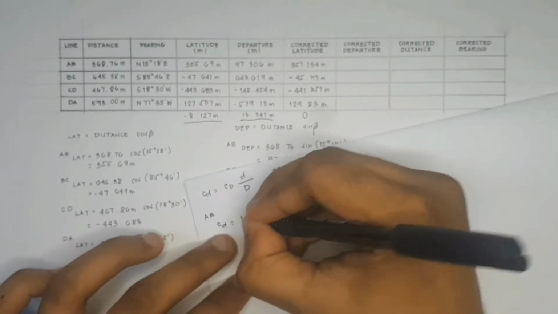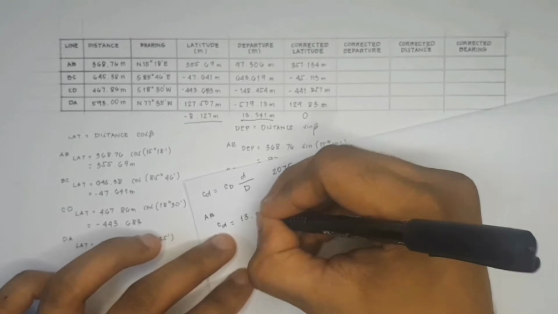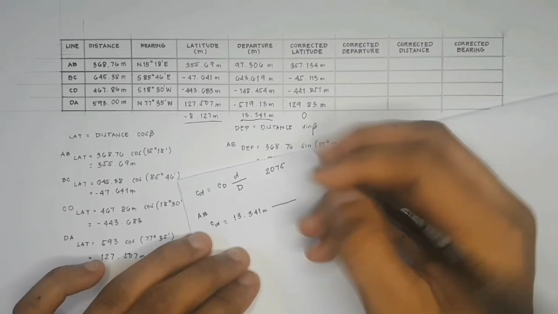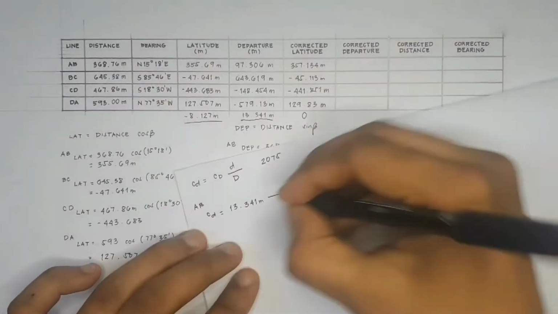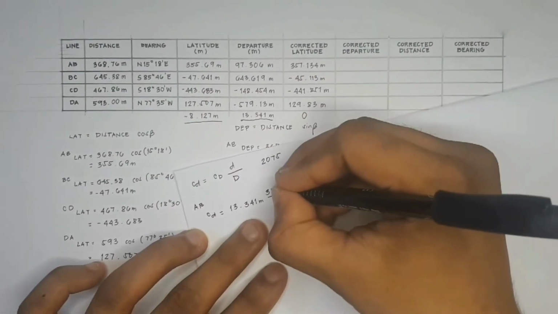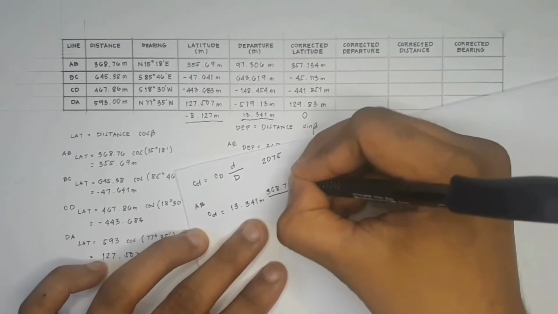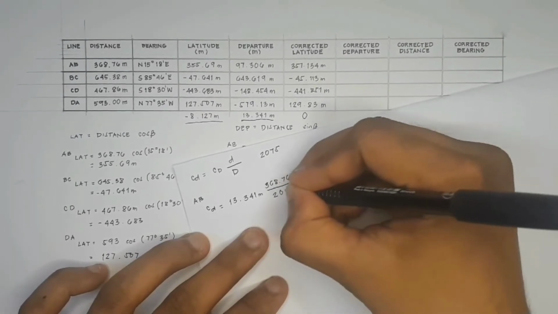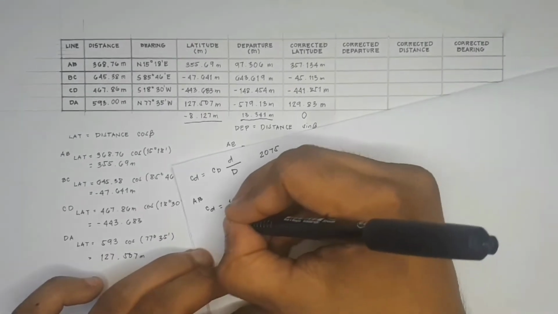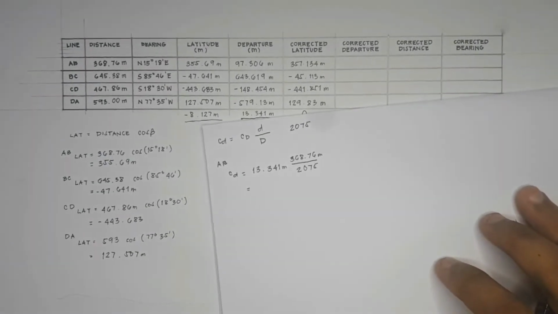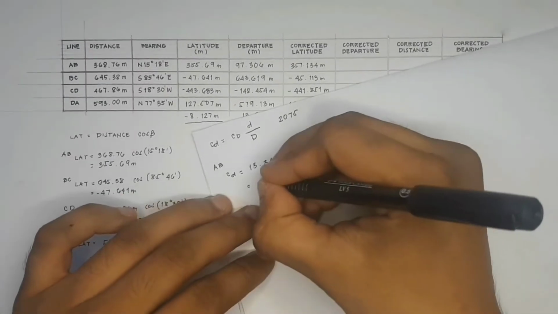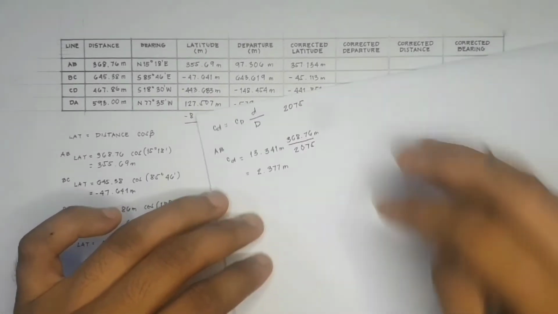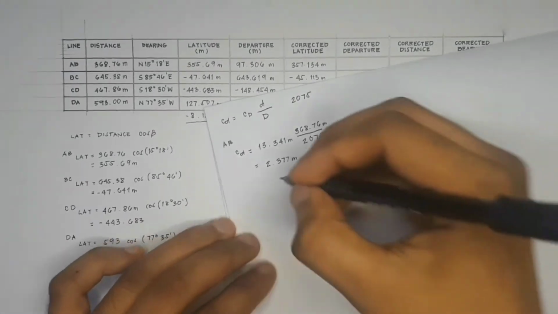So we have 13.341 meters times the distance of AB, which is 368.76 meters, divided by the total distance, and this will give us 2.377 meters.